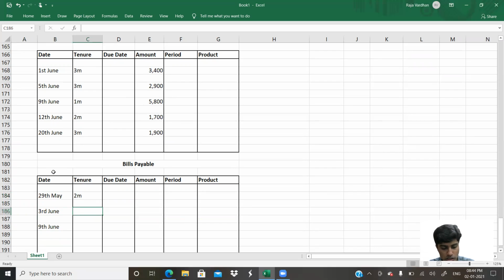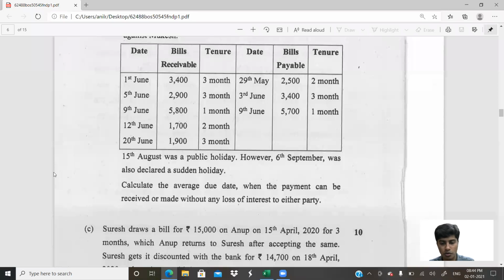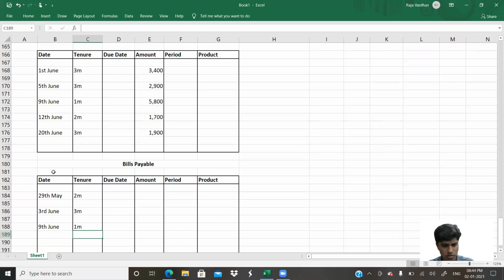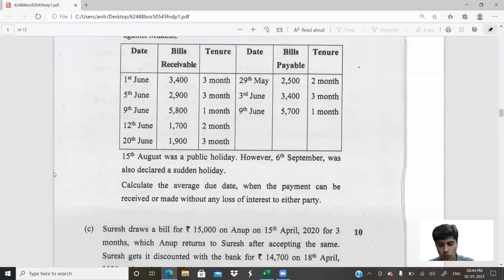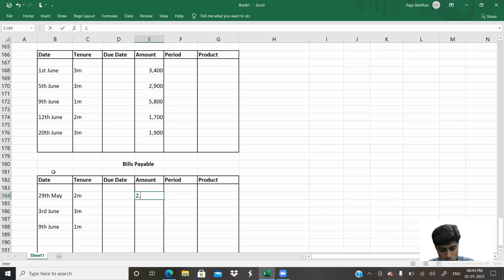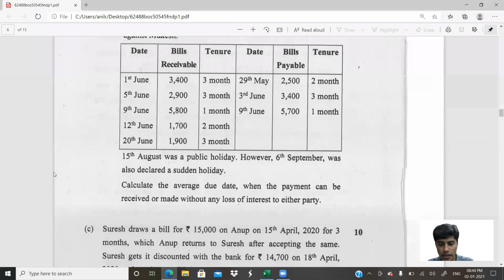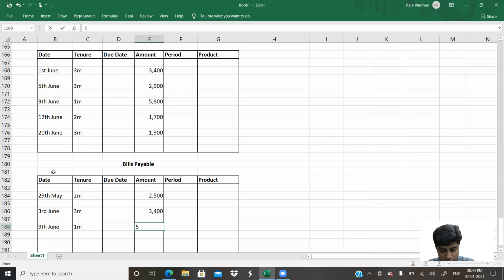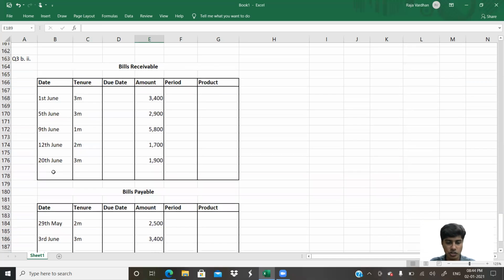Perfect. Due date we would have to find. I'll just put the amounts: 2,500, 3,400, 5,700. Perfect. Now I have the data ready, bills receivable, bills payable ready.